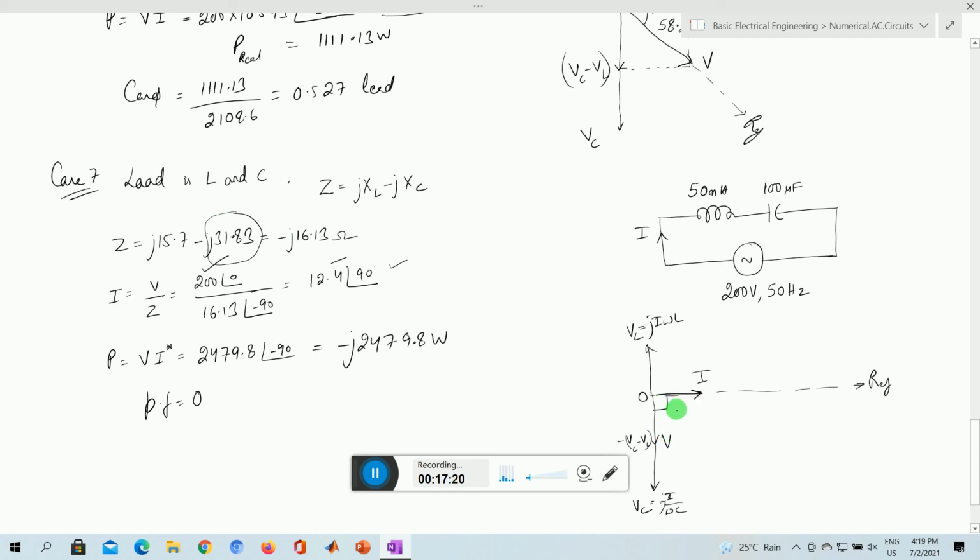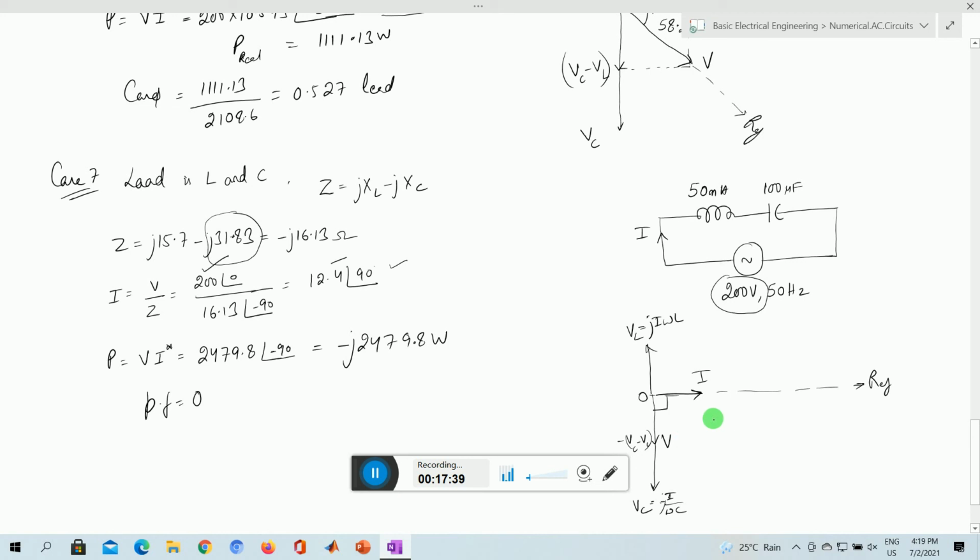Then the current is leading the voltage by an angle of 90 degrees, because in the question the voltage is taken as the reference. Now the current is leading the voltage. If you see this voltage as the reference, the current is leading the voltage by an angle of 90 degrees.